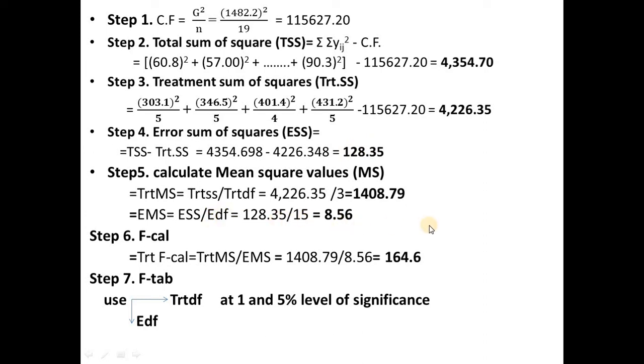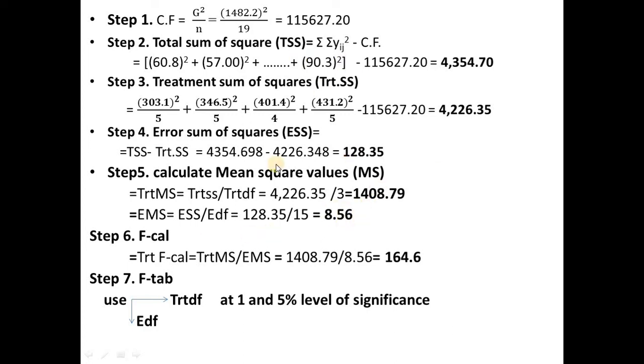That means in case of CRD, error degree of freedom is calculated as t times (r minus 1), and by substituting all the values we get 15. If we divide this value by 15, we obtain the error mean square with the value of 8.56.